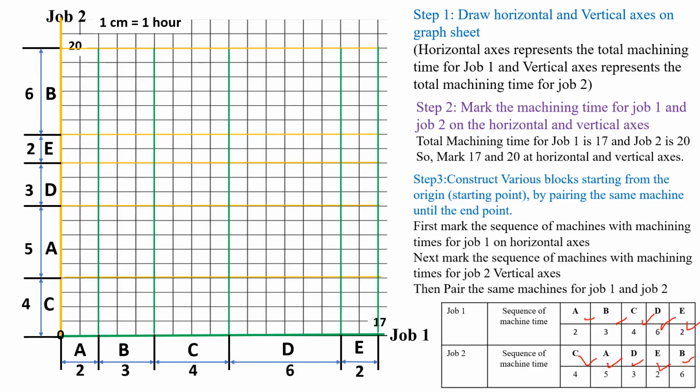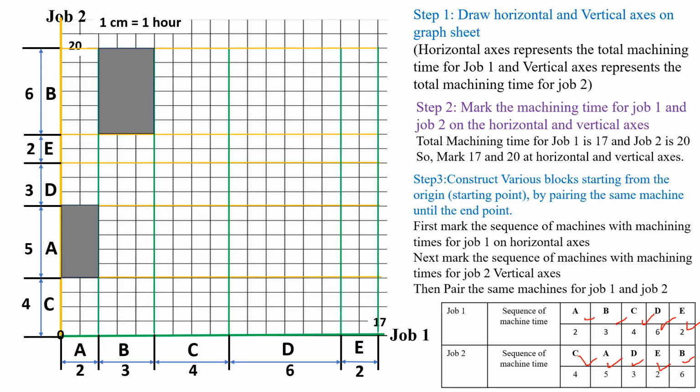Let's see for the machine A, which is on job 1 as well as job 2. So here this shaded area represents the machining time for job 1 and job 2 on the machine A. Similarly, we have to construct the shaded area for the machining time of job 1 and job 2 on the different machines.